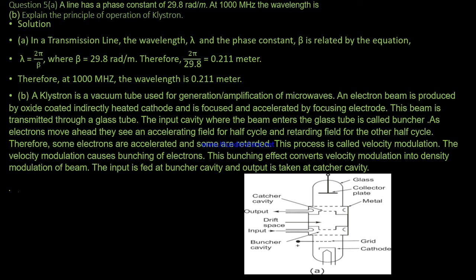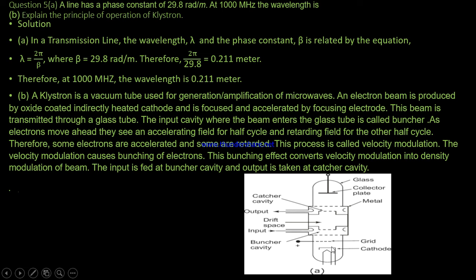As you can see in the diagram, an electron beam is produced by an oxide-coated, indirectly heated cathode and is focused and accelerated by focusing electrodes. These are the focusing electrodes. This beam is transmitted through a glass tube. You can see it is made of glass.